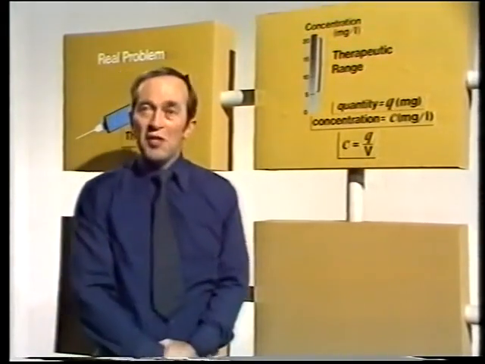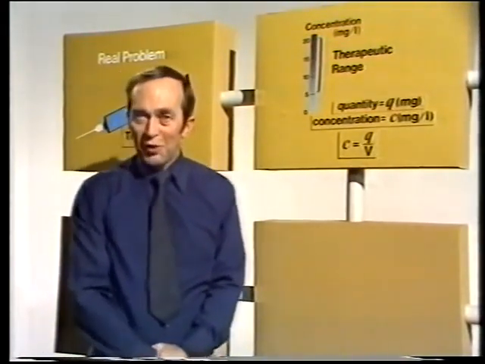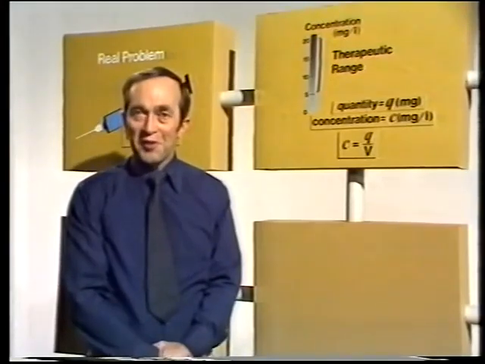But even that very simple idea is fraught with difficulties, as Dr. Aronson tells us. The way I'd determine the apparent volume of distribution in an individual patient would be to inject a known quantity of drug into that patient's bloodstream, and then to measure the plasma concentrations at certain times after having given the drug.